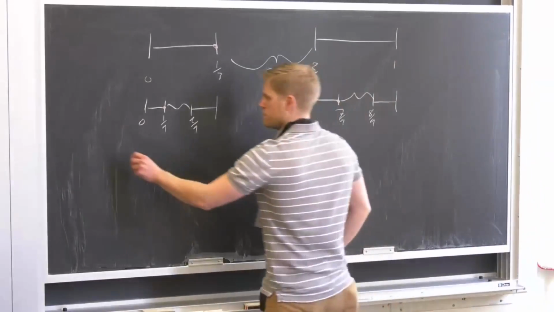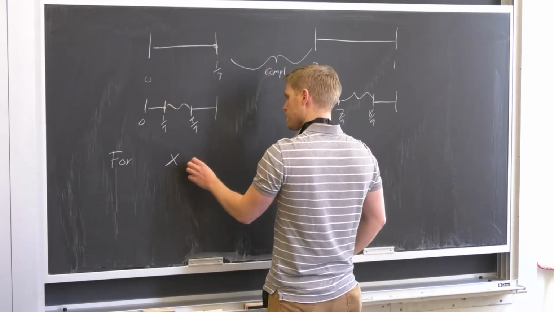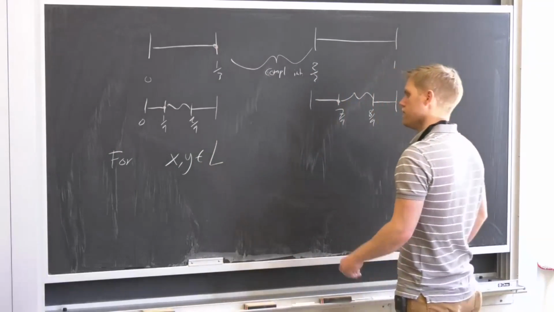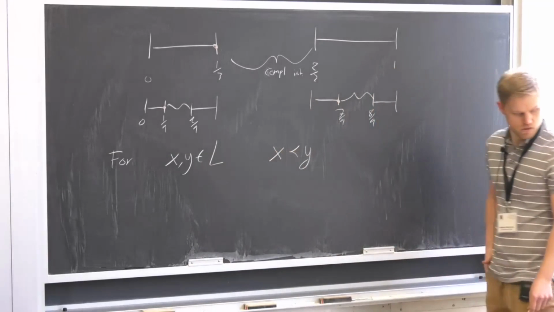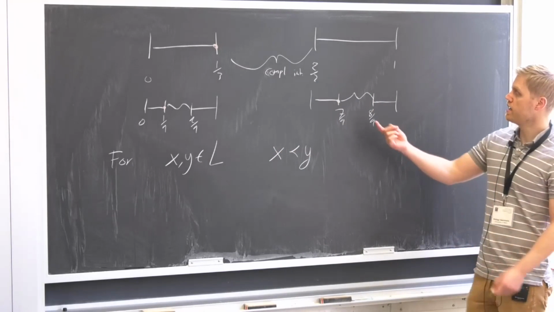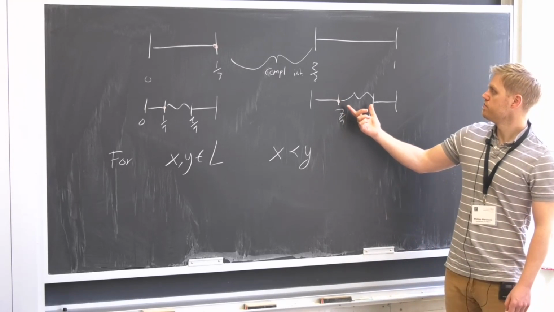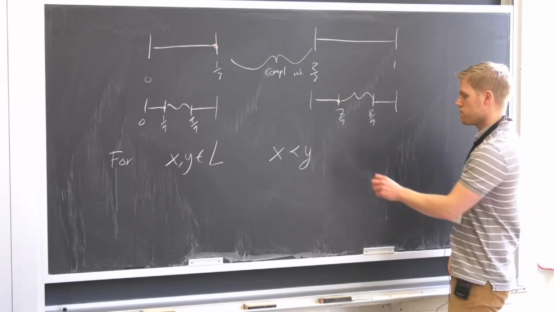So now for x, y in L, we order them as follows. You have to be a little bit careful because you might have two endpoints in L with the same length of the corresponding complementary interval.